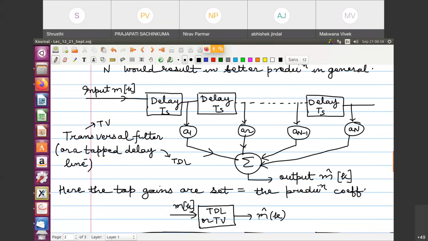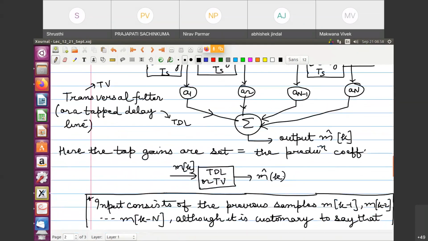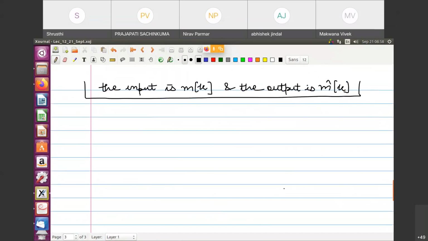This is a problem which I don't think should have a solution, because if I have the sample m of k and I am using it to predict itself, then it's not a good thing. I should have m of k as the output only if I can use m of k. So the prediction should be based on the previous samples. I should not use the current sample, although I have it, to predict this value. Whatever way you understand it, this is logical as well.